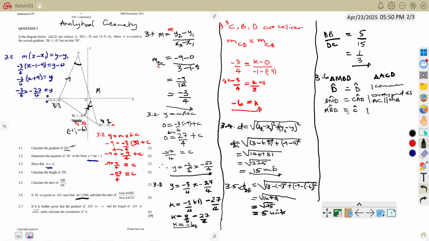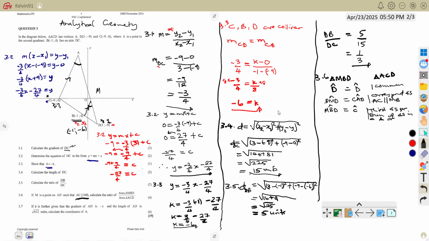So those third angles are equal. We just have to write the reason as sum of angles in a triangle.